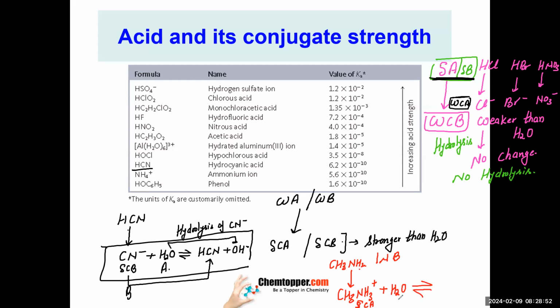It will force water to behave like a base. And this conjugate acid will donate a proton to water like this. This is the equation for a weak conjugate acid in water. You can see that you're getting hydronium, so it means it's an acid.